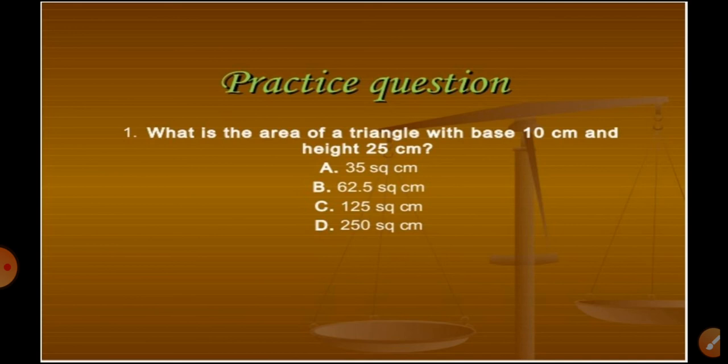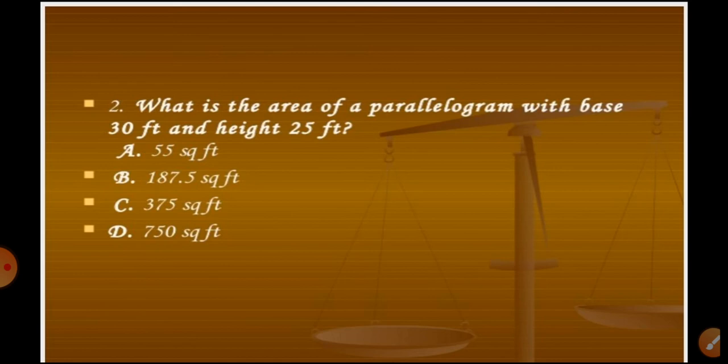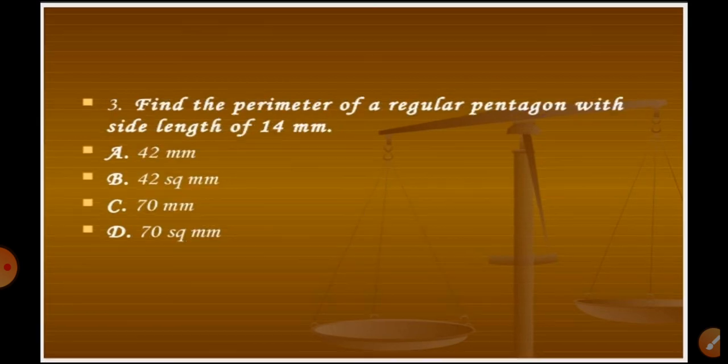At home, you can practice some questions. What is the area of a triangle with base 10 centimeter and height 25 centimeter? There are 4 choices. You can answer this. Number 2, what is the area of a parallelogram with base 30 feet and height 25 feet?